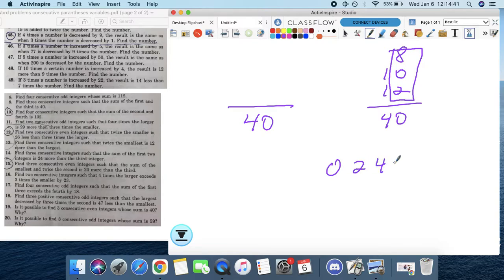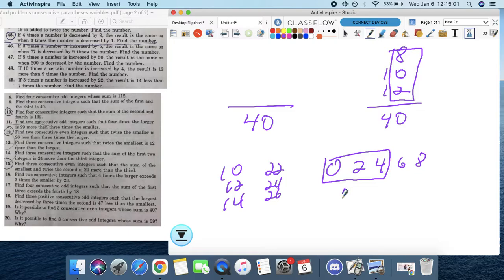So let me write 0, 2, 4, 6, 8. You have to find a combination of 3 of these, whether it's 10, 12, 14, or 22, 24, 26. You've got to add 3 consecutive even integers so that the sum equals 40. So first of all, can you get 3 of them in whatever order, whether 0, 2, 4, or 2, 4, 6, 4, 6, 8, or 8, 0, 2, which would be 18, 20, 22, for example.